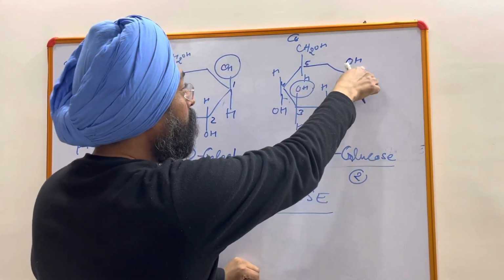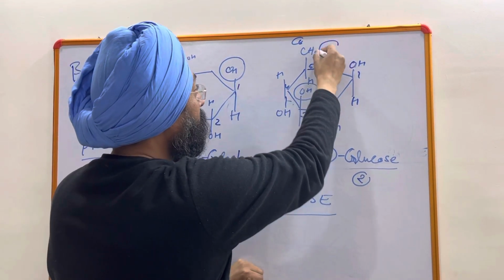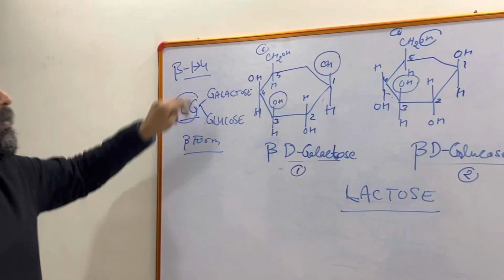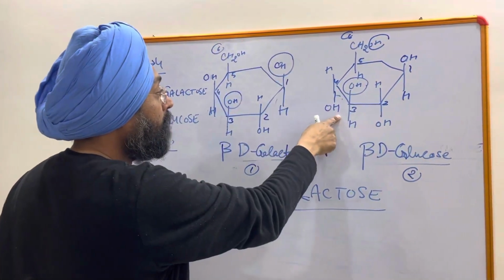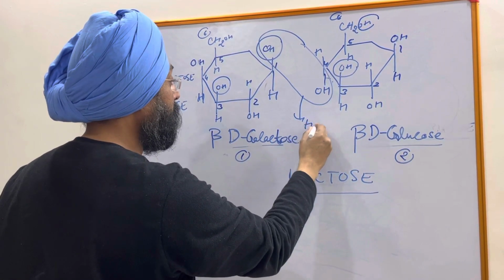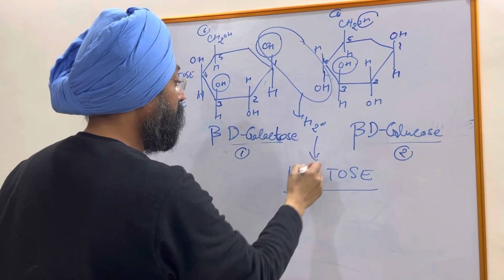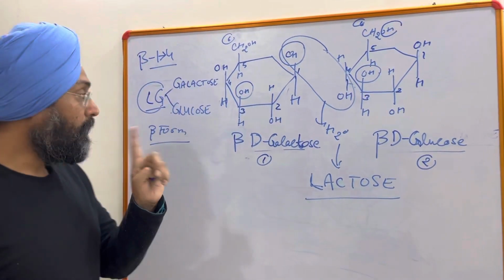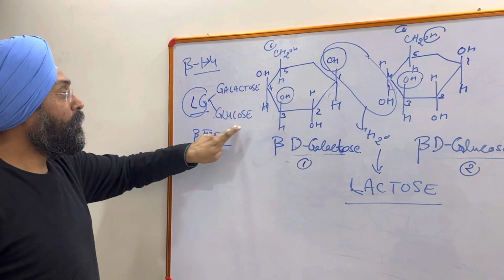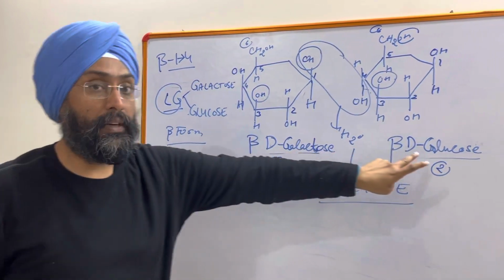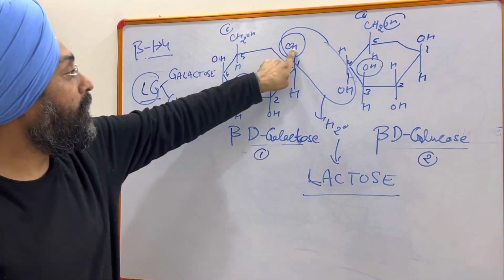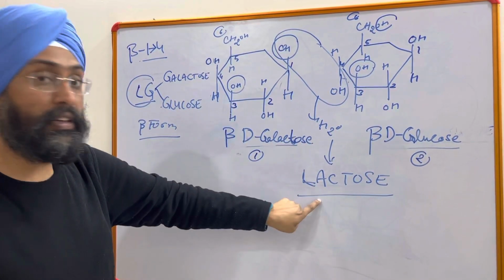Glucose, first carbon OH group and sixth carbon OH same side, so it's beta glucose. The bonding is beta 1,4. First carbon OH group and fourth carbon will form the bond here. Water molecule will come outside and we'll get lactose. So the components Lg: galactose comes first, glucose comes second. Both are in beta form. Bonding is beta 1,4. Water molecule comes out, we'll get lactose.